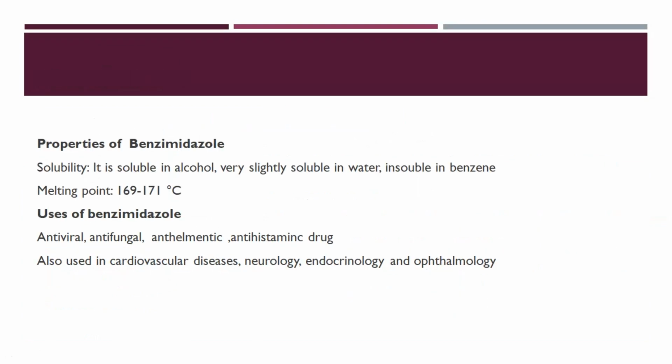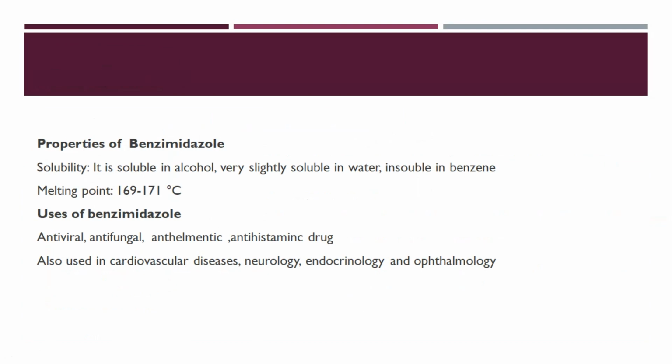Let us see some of the properties of benzimidazole. So, moving on to its solubility, it is soluble in alcohol, very slightly soluble in water, and insoluble in benzene. Its melting point is 169 to 171 degrees Celsius. Let us now see the uses of benzimidazole. It is an antiviral, antifungal, anthelmintic, and antihistaminic drug.